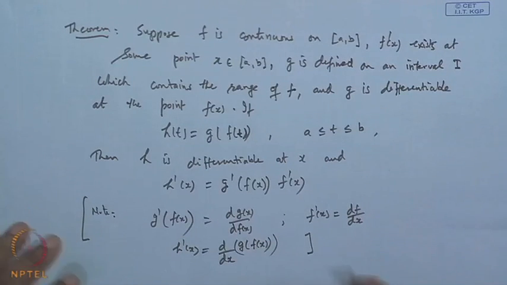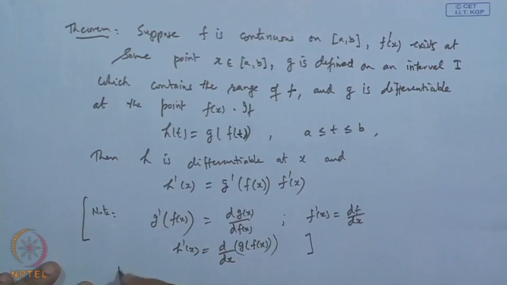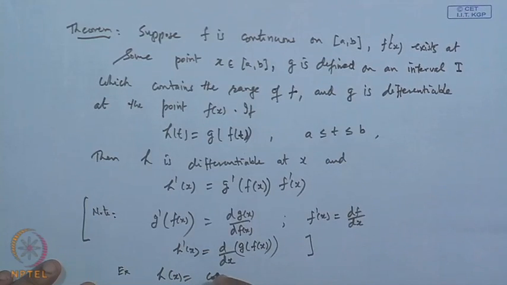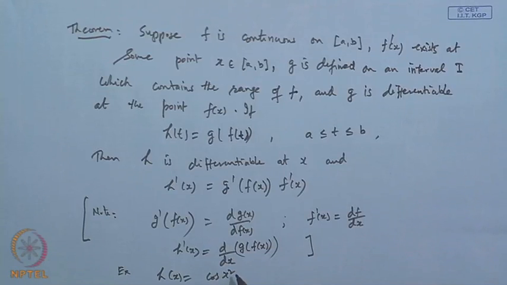Suppose, for example, I say the function h of x equals cosine of x square. Then f of x is x square, and g is the cosine function.